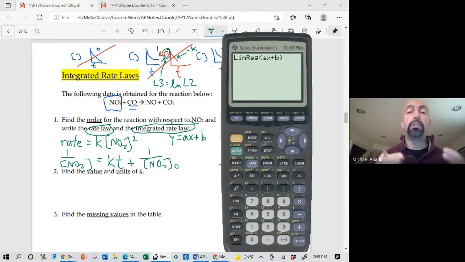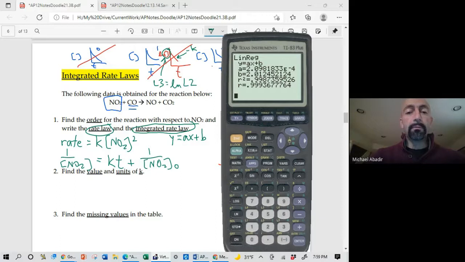So even though I just graphed list 1 and list 4, the calculator is automatically going to default to list 1 and list 2 for calculating the slope, which of course wasn't even a line, but it's going to give it to you anyway, the best slope you can get. So I have to tell it list 1, list 4. So I hit second function 1, comma, which is above the 7, and then second function 4 to tell it list 4. Hit enter, and you should get these values.